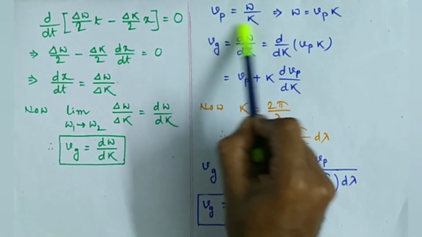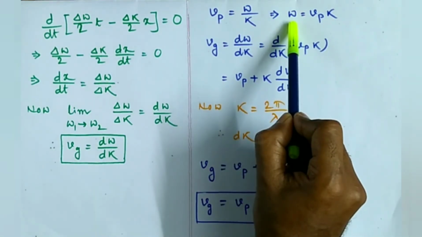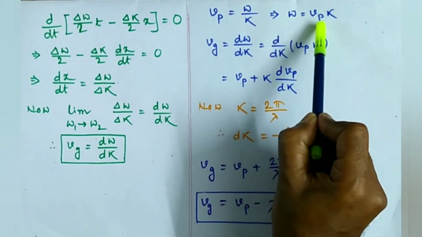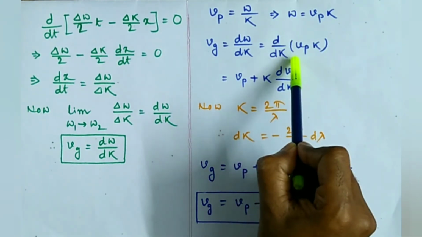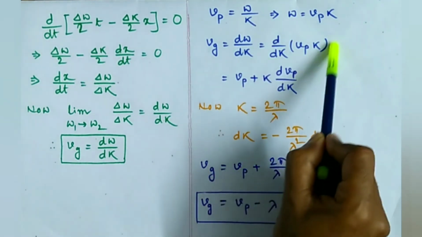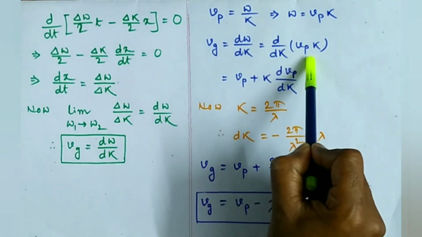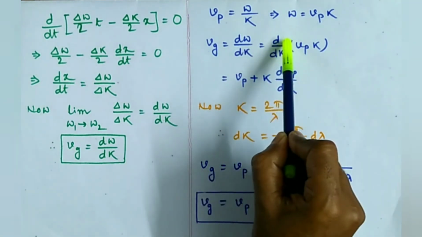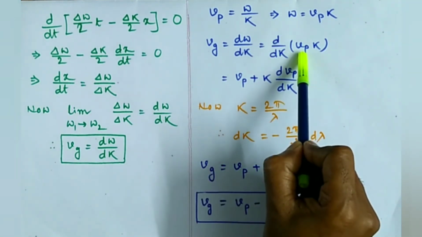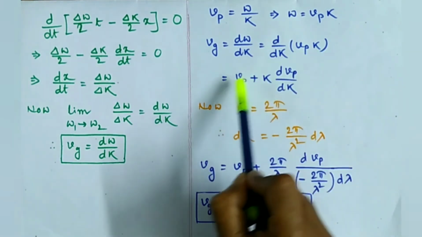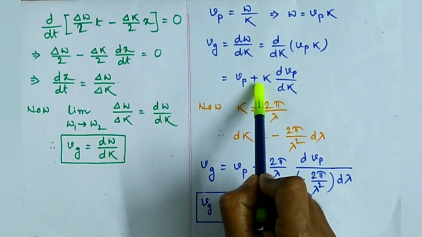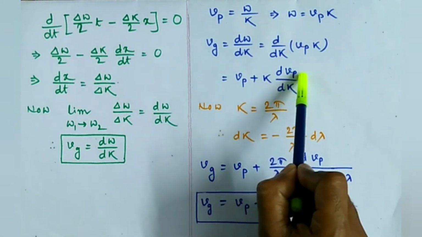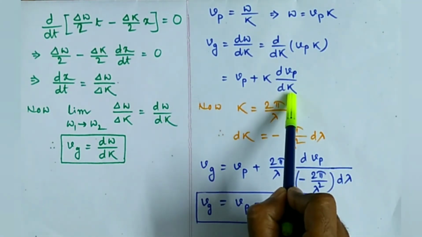Now from this expression we may write omega equal to Vp into k, and putting this value in this expression we may also write Vg equal to d by dk of (Vp into k), or Vg equal to Vp plus k into dVp by dk.